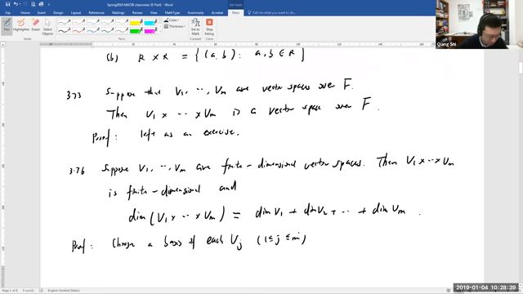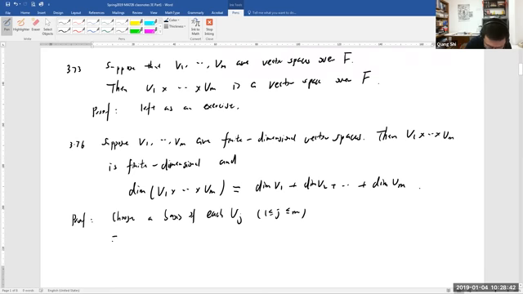Then for each basis vector of each V sub j, so this is a single vector from that basis, we consider the element.